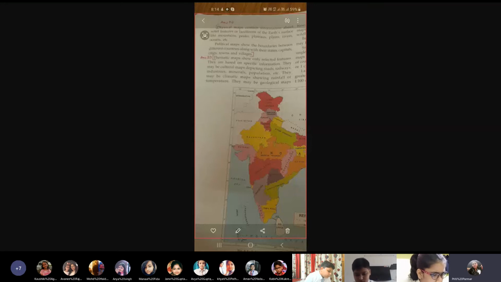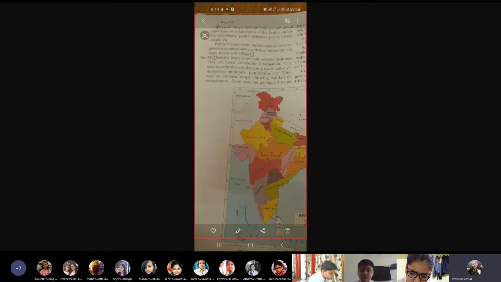Political maps show the boundaries between different countries along with their states, capitals, cities, towns, and villages. This is your D2. That means you did not see the explanation number 2, which I sent you. So D1 is marked, D2 is marked.